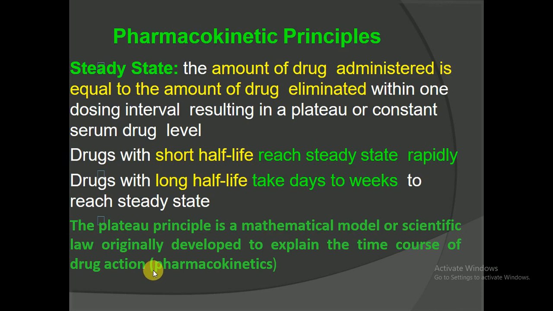Point to be noted here: suppose a drug whose half-life is 30 minutes, or another drug whose half-life is 40 minutes, or 1 hour. The drug with a short half-life reaches steady state rapidly, while the drug with a long half-life will take days to weeks to reach steady state concentrations.